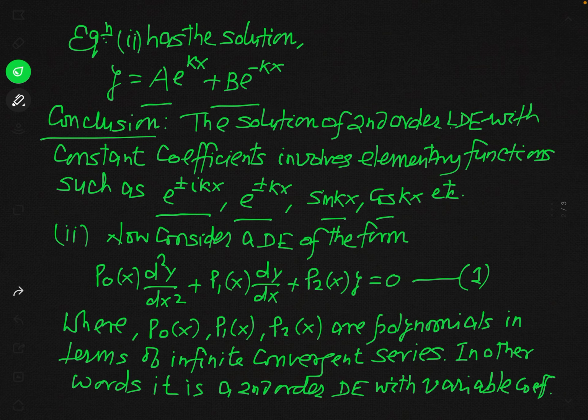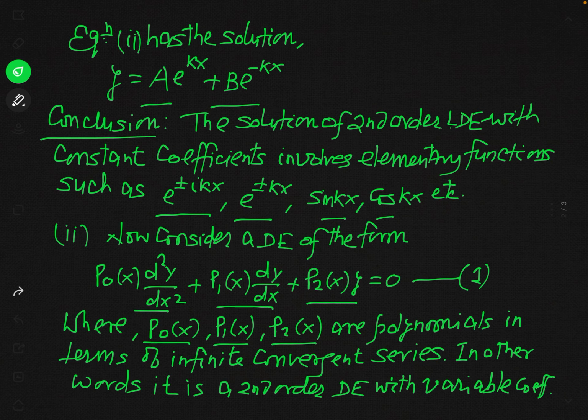So now let us see a particular second order differential equation with variable coefficient. For this I have taken the example you can see here. This is p naught of x d2y by dx square plus p1 of x dy by dx plus p2 of x y equal to 0.